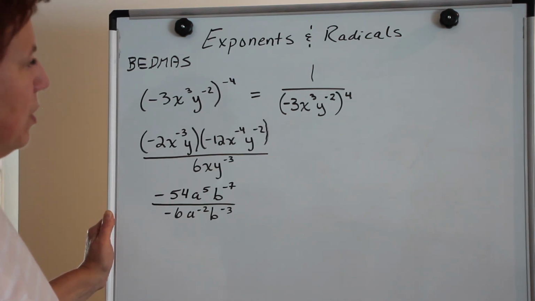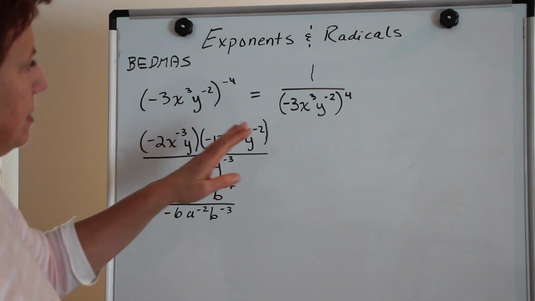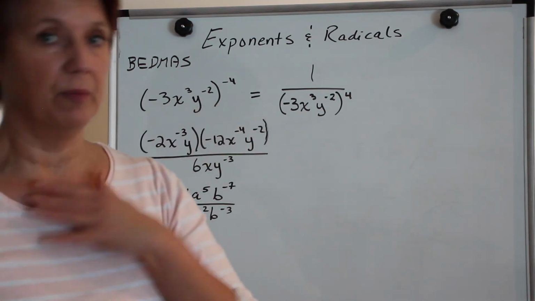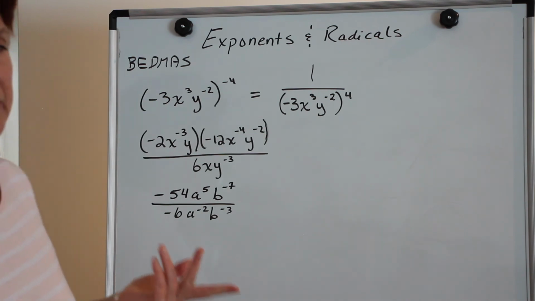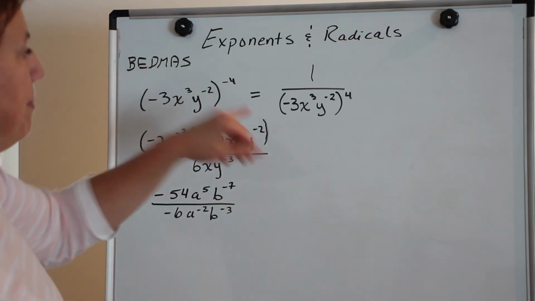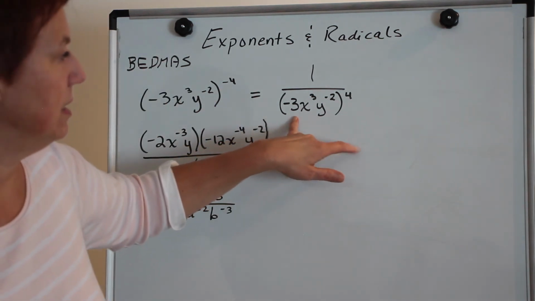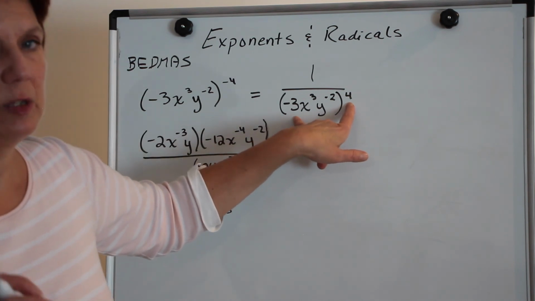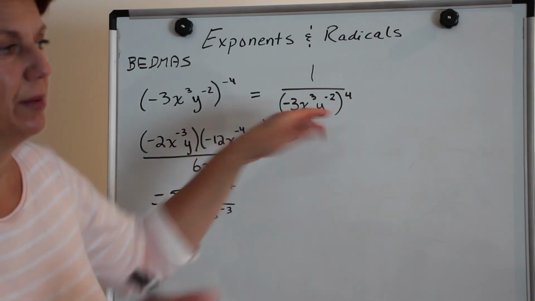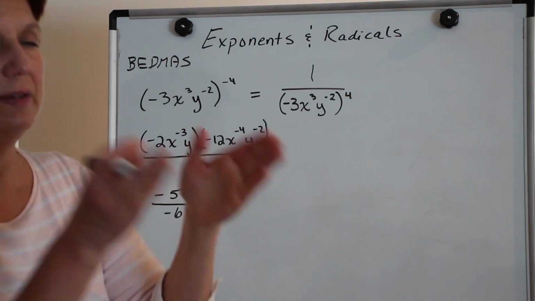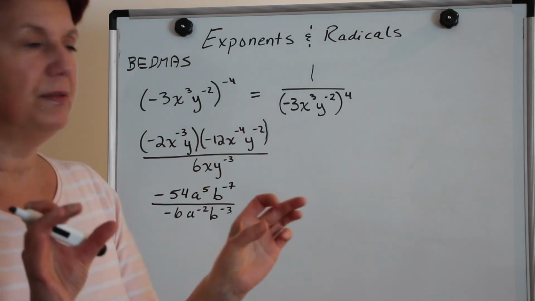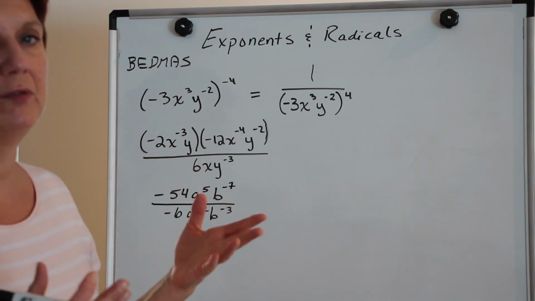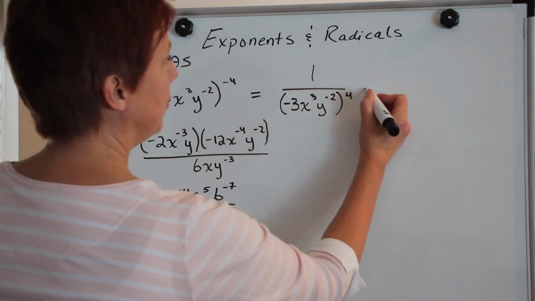Step 2 is to say to myself, well, am I going to end up with a positive or a negative answer? Because my negative base is being raised by an even exponent, the negatives will cancel out. So I'm going to have negative 3 times negative 3 times negative 3 times negative 3. And those even number of negatives are going to cancel each other out for a positive final answer. So I don't even have to worry about that anymore.